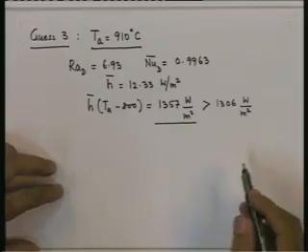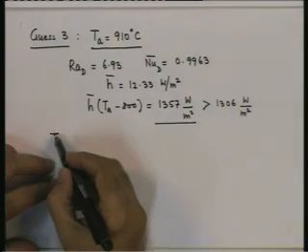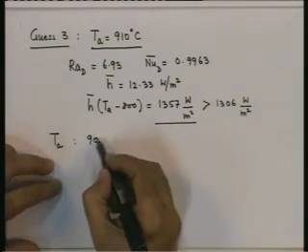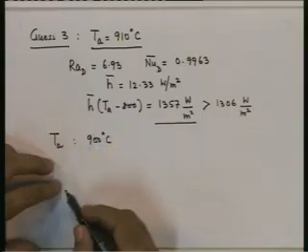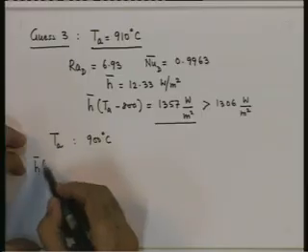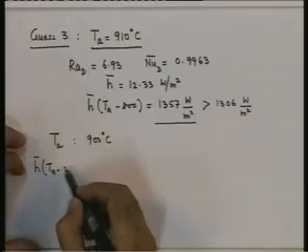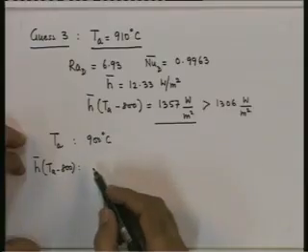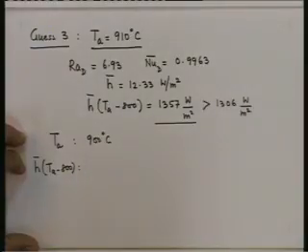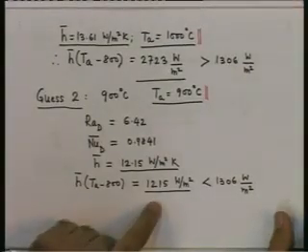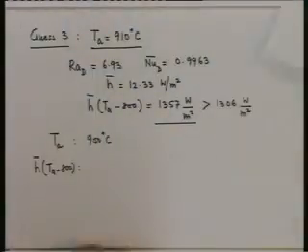Now see, we assumed a TA value of 900 degrees C and we obtained the value of h bar into TA minus 800 to be 1215 watt per meter squared.